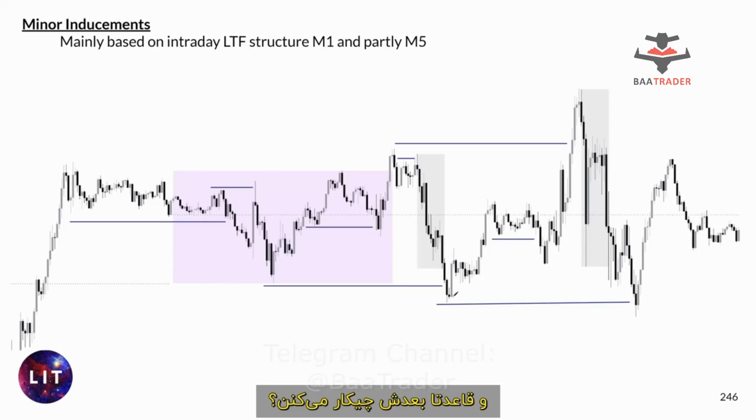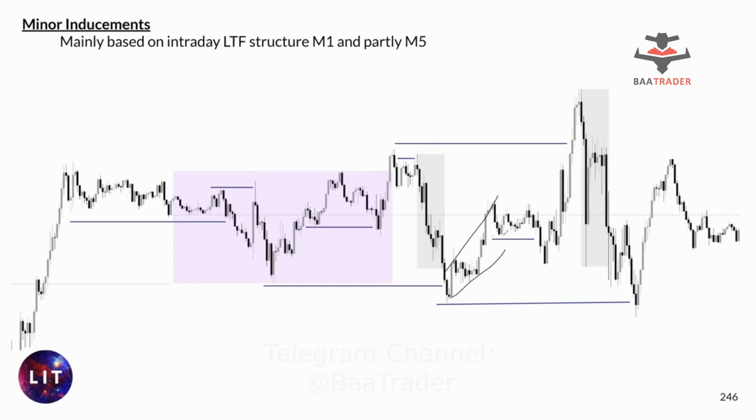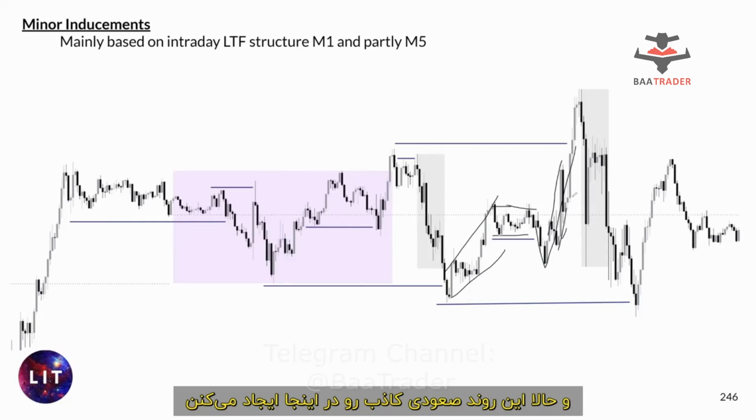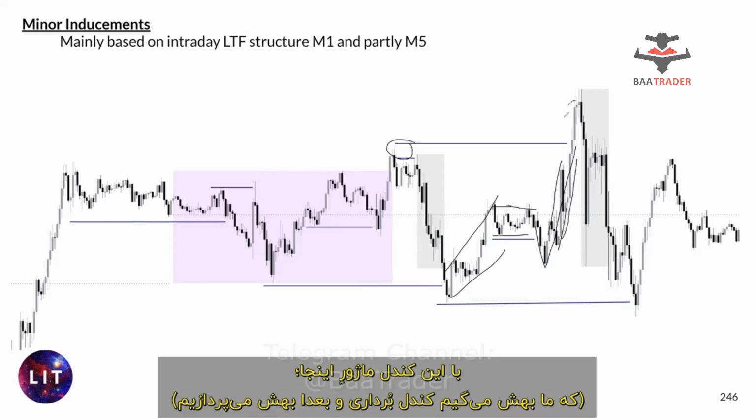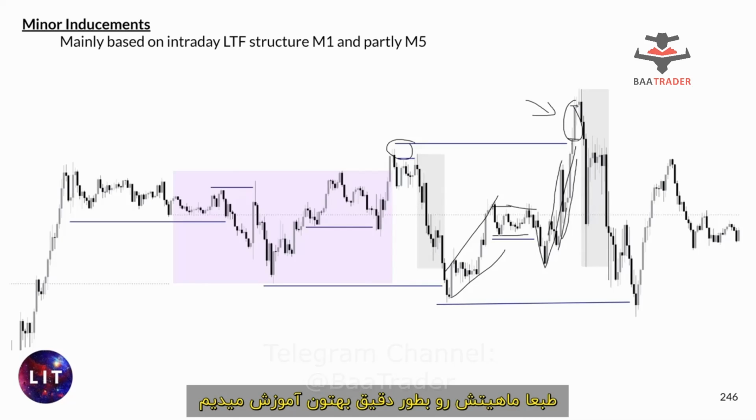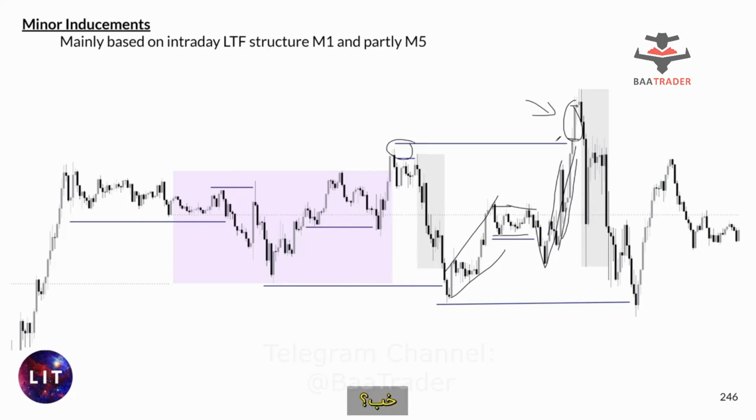And of course, what they're doing afterwards, moving upwards, creating these little structures, inducing them low to do exactly what, to go higher, building now this false uptrend, inducing overall higher highs with this major candle in here. We will call it vector later on, and of course we will teach you exactly what that means.